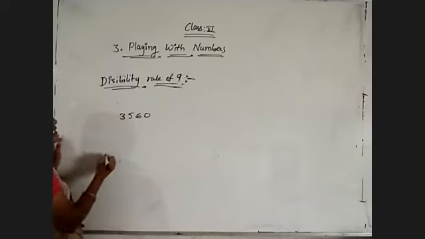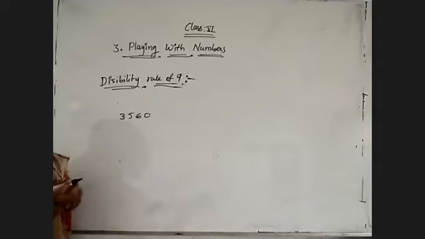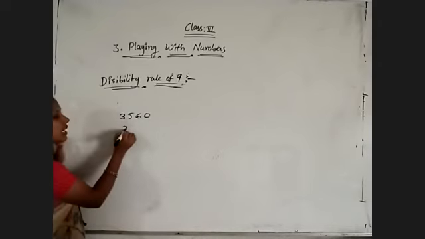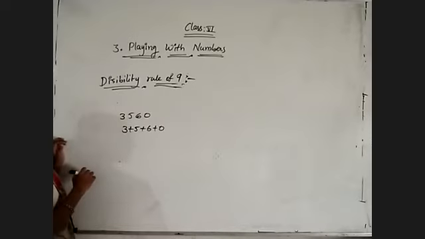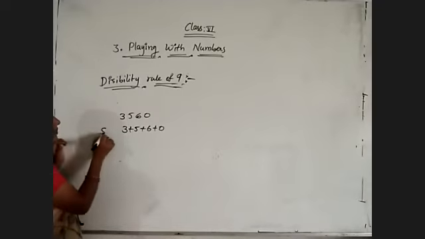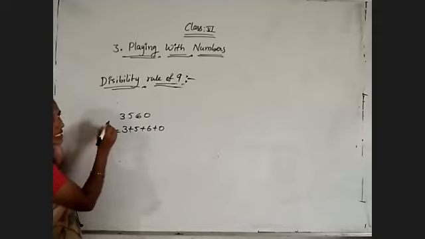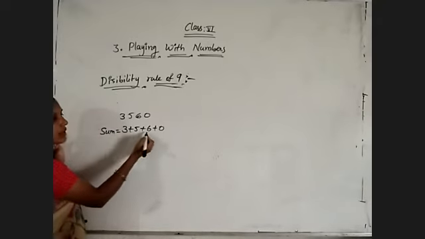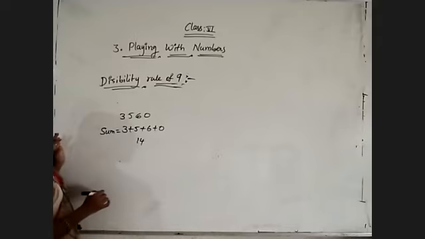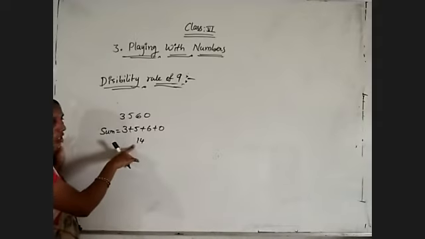Whether this is divisible by 9 or not, I need to check. So 3 plus 5 plus 6 plus 0. Take the sum of the given digits. It is the same as for 3. 3 plus 5 is equal to 8. 8 plus 6 is equal to 14. So 14 we will not get in the 9 table.